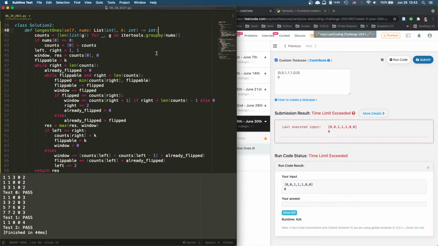But if we don't, flippable window becomes 0. Because this is what we say there is here, right? Here.